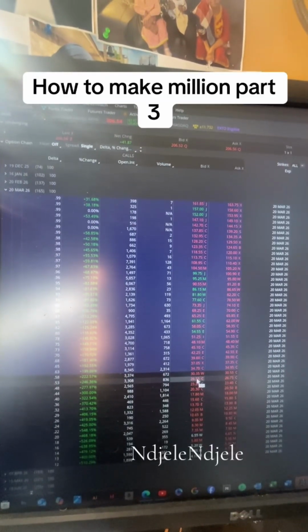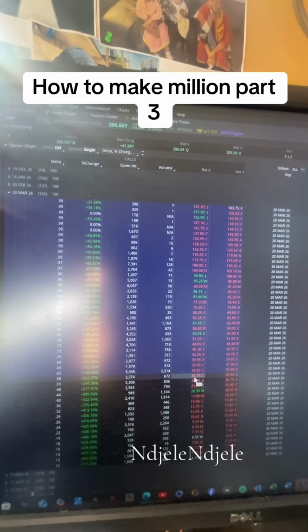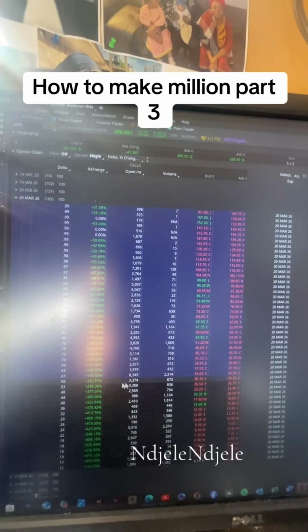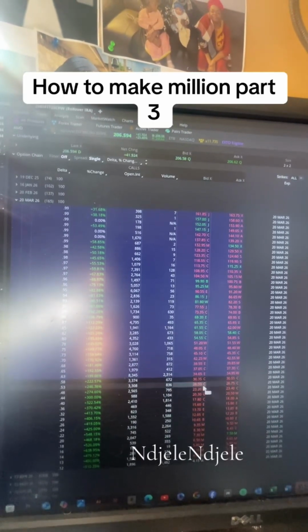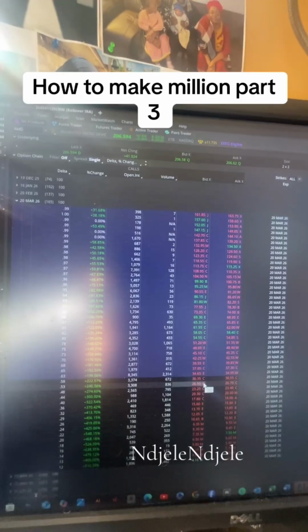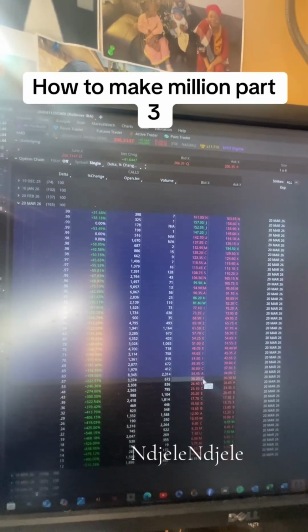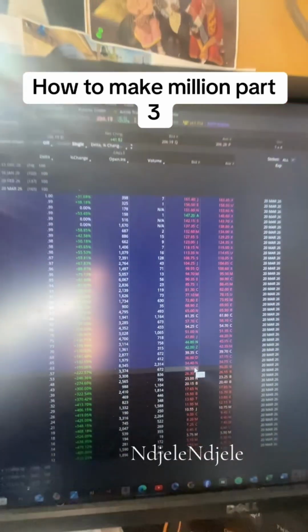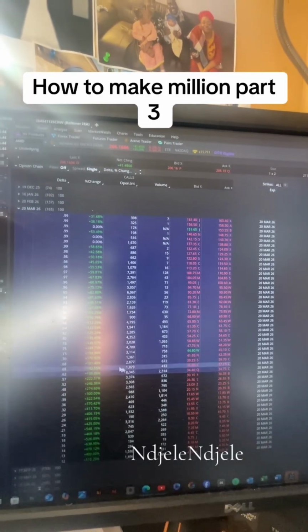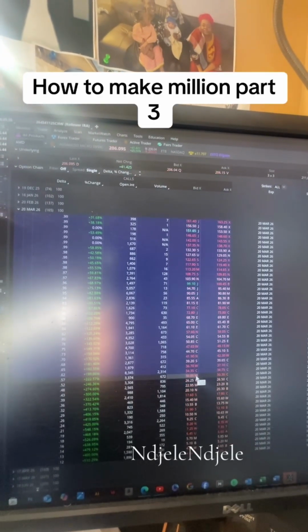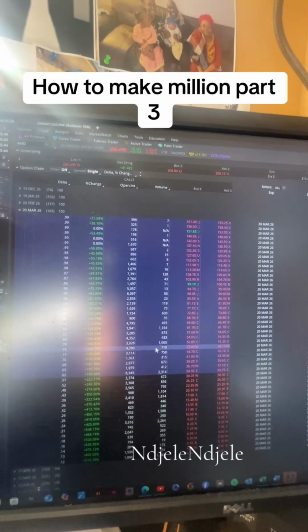So today, for example, if you had bought this contract at $3,000, what will your contract have gone to? If you do the math, the stock went $50 up, right?